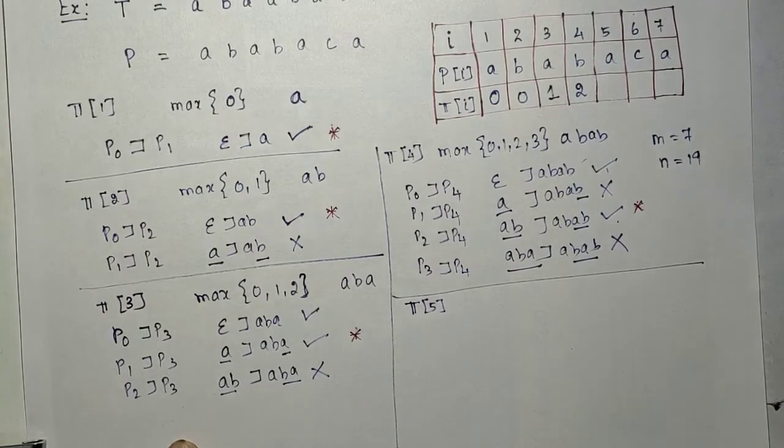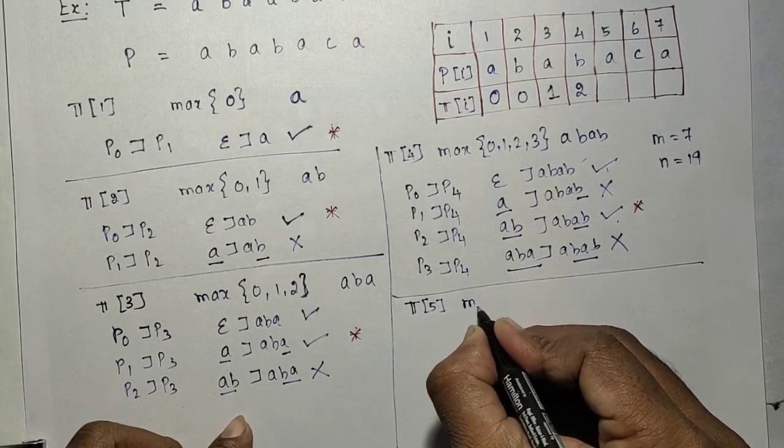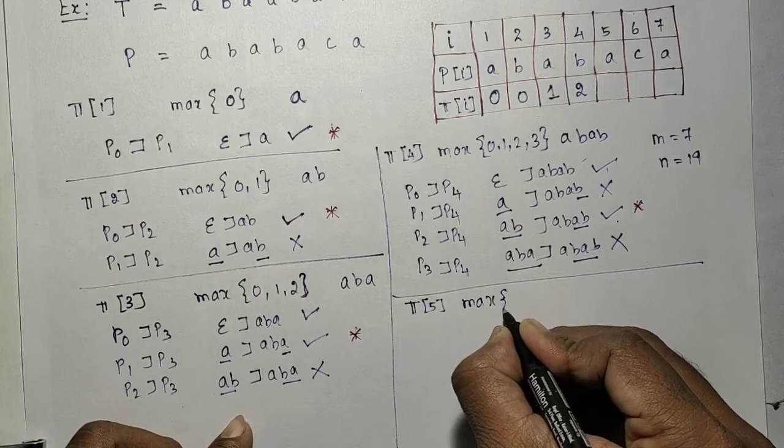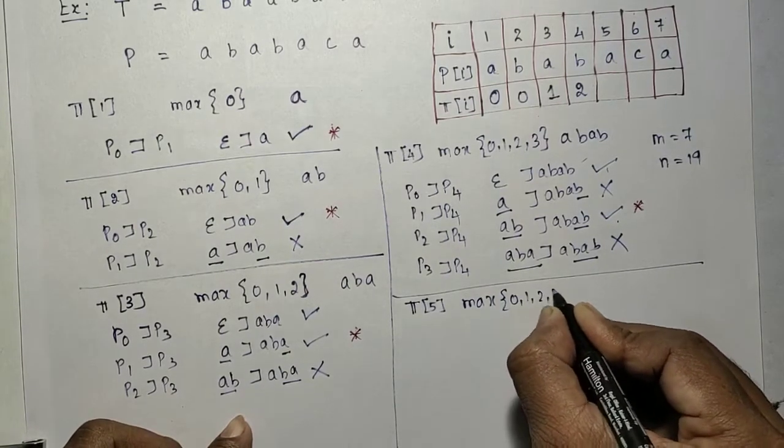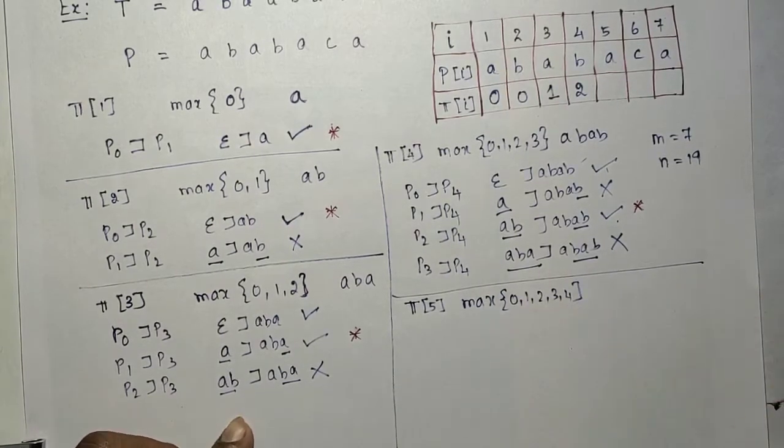So pi of 5 means maximum of 0, 1, 2, 3 and then 4.